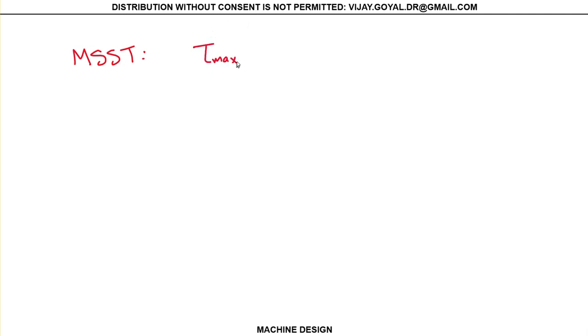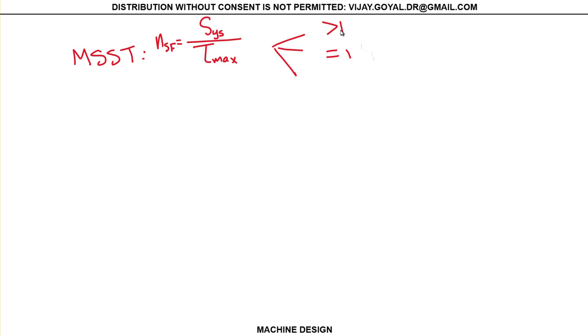Then if I take my factor of safety and divide this by my sigma yield in shear, that has to be bigger than or equal to 1.